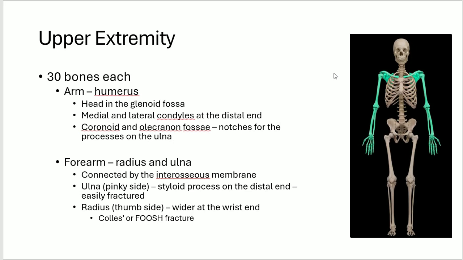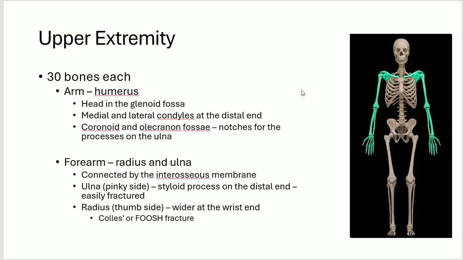And then the medial and lateral condyles look like a bow tie at the distal end, which we'll look at as well. Here we also have a coronoid and an olecranon fossa. So these are notches for the processes on the ulna.